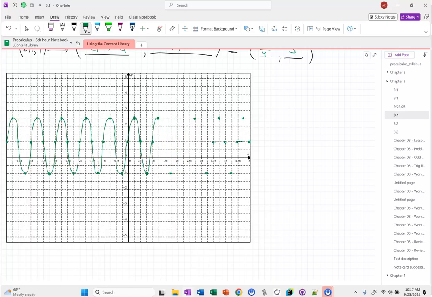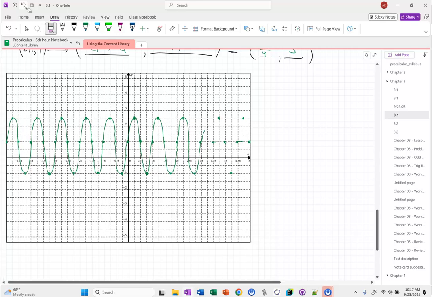Oh my goodness, I goofed something up here. Where did I go? This guy's in the wrong spot. Yikes. I don't know, whatever it is, it's embarrassing though.